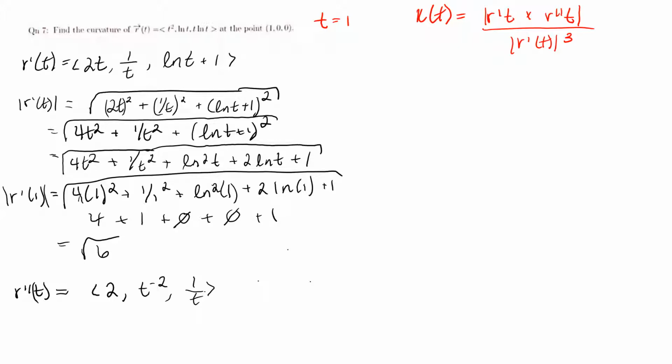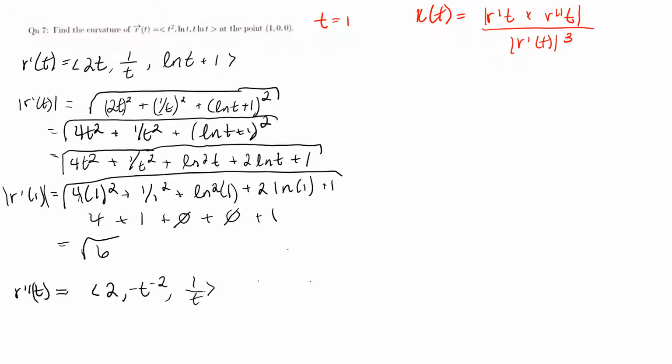Now we're going to take the cross product of the first derivative of r and the second derivative of r. Oh, I forgot a minus sign over here, by the way.